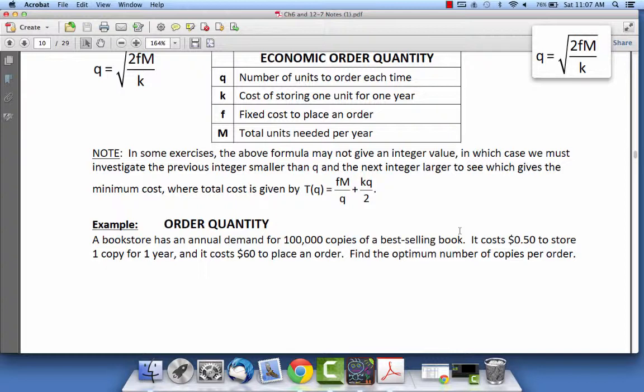And we also need to look at the next larger one, so 25, and then we decide which one's going to save us money. There's some sort of curve going on in between, but it's not symmetric, so you can't just round. Even if it's 24.1, it might actually be cheaper to go with 25. So we plug it in now to this total cost.